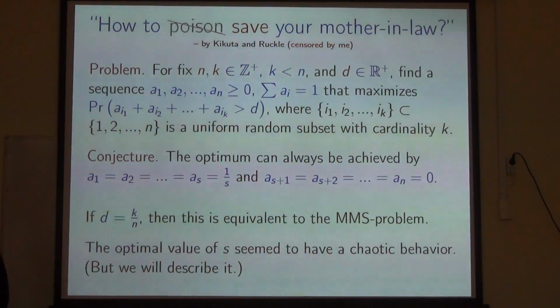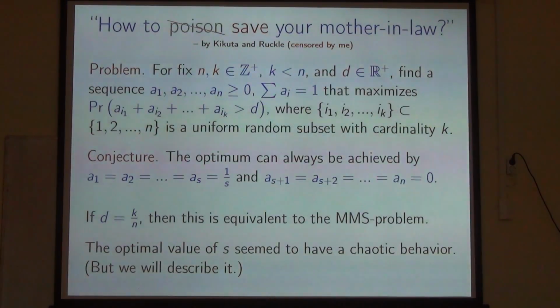And the optimal value S, they just tried to understand, and it would be important to understand what this S is depending on the parameters, and by some computer calculation they found that it seems completely chaotic. We don't know what this S can be or can't be.